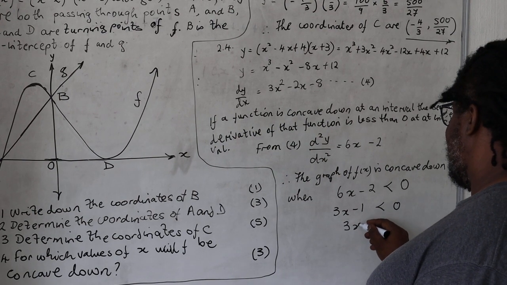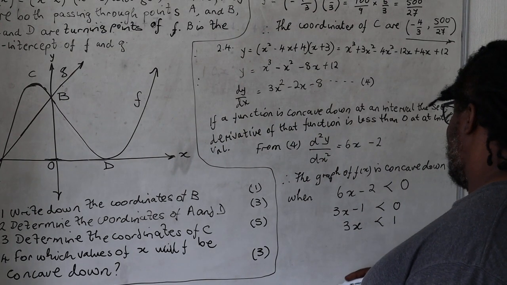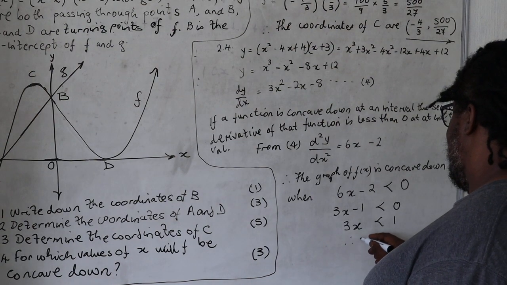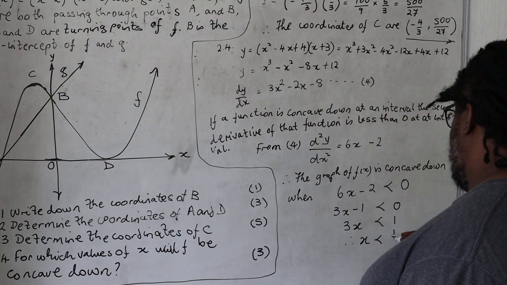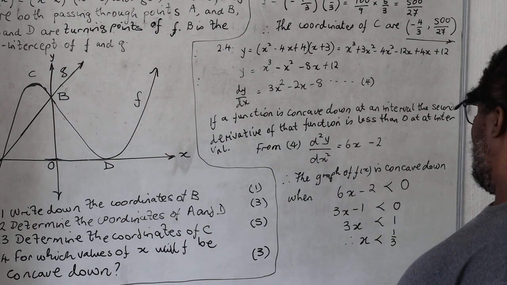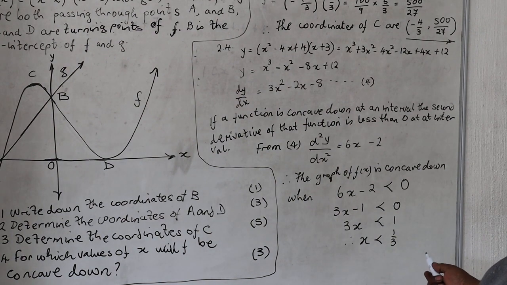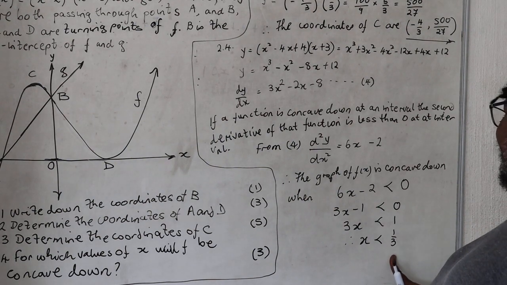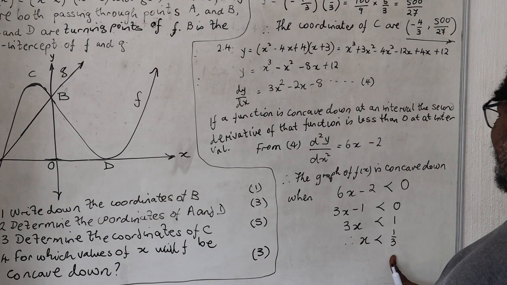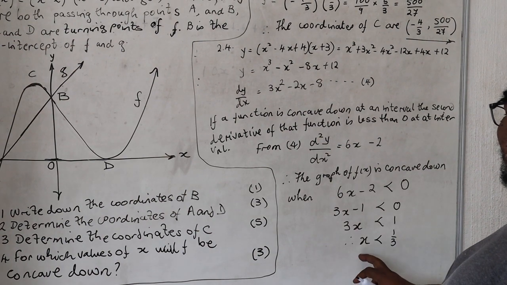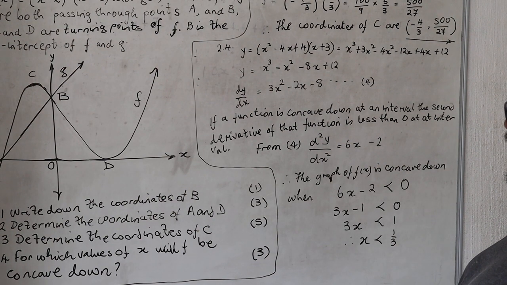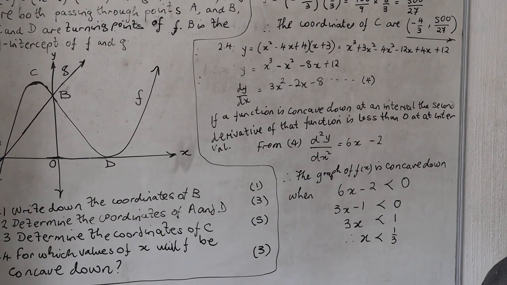So we have 3x is less than 1, and therefore x is less than 1 over 3. So from the point where x is 1 over 3, that point not included, going to the left of that point, the graph will be concave down.